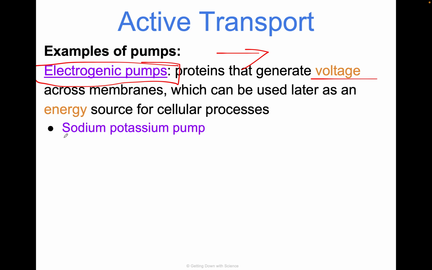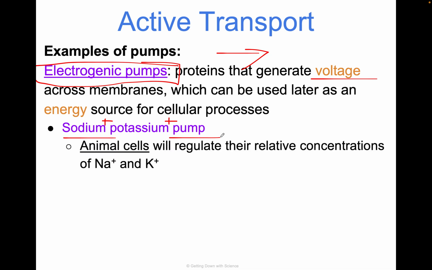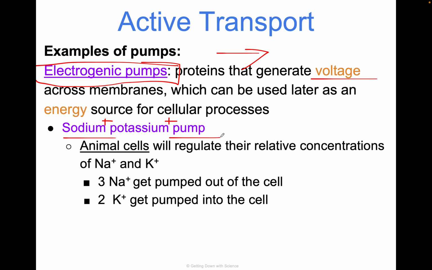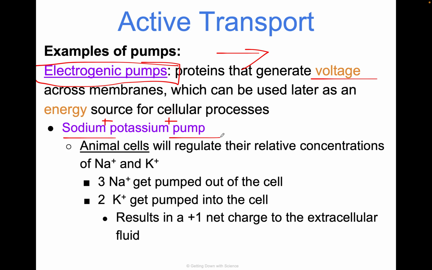Sodium potassium pump, right? Sodium is positive. Potassium's also positive. We need a pump to get it in. Animal cells will regulate their relative concentrations of this by using this sodium potassium pump. We're going to see it visually in just a second, but essentially 3 sodiums get pumped out of the cell and 2 potassiums get pumped into the cell.